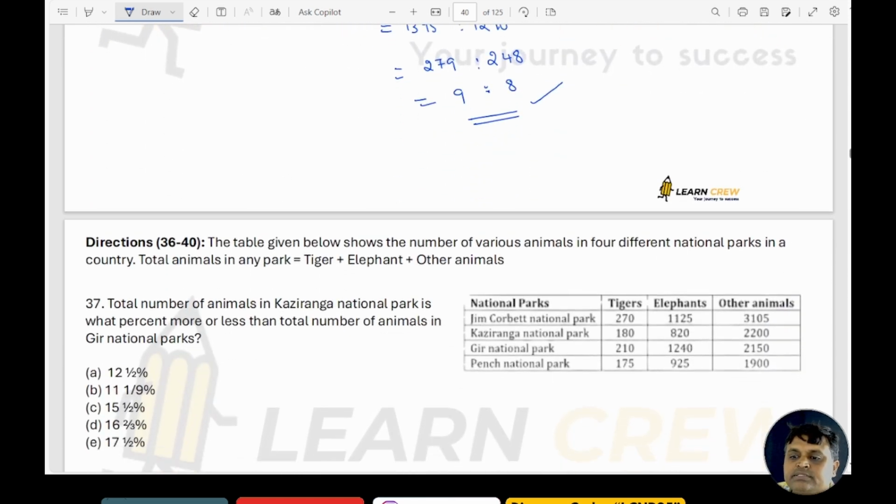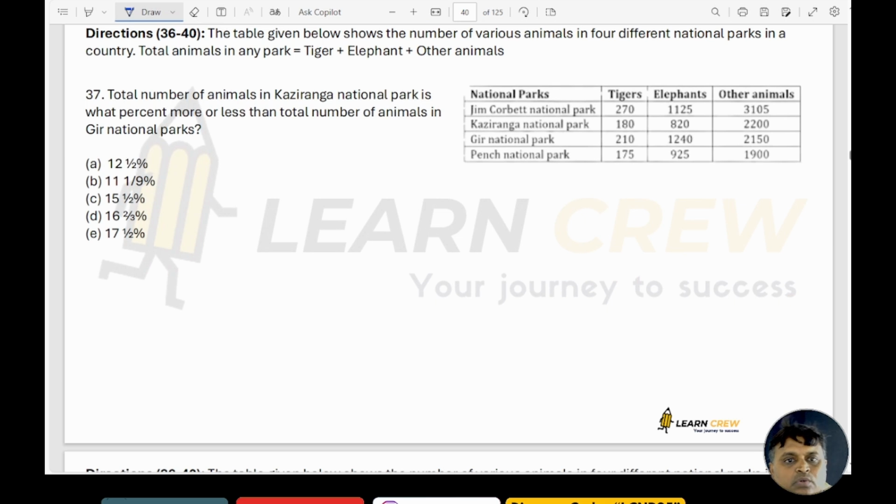Next question. Total number of animals in Kaziranga National Park is what percentage more or less than total number of animals in the Gir National Park? So total Kaziranga is 3200.